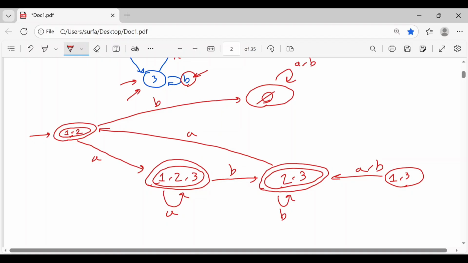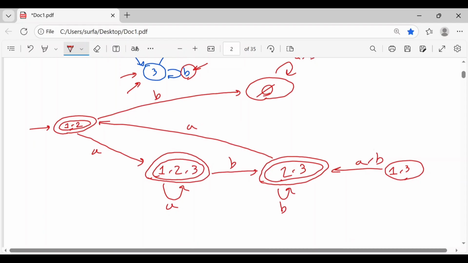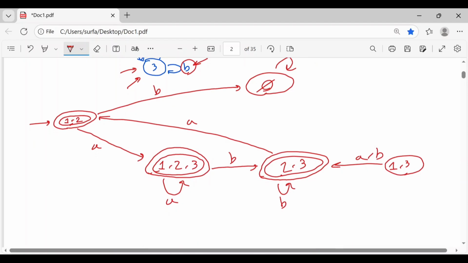And actually we have 3 more states to draw here that are 1, 2, and 3. Let me tell you state 1. For state 1, it will become like this.